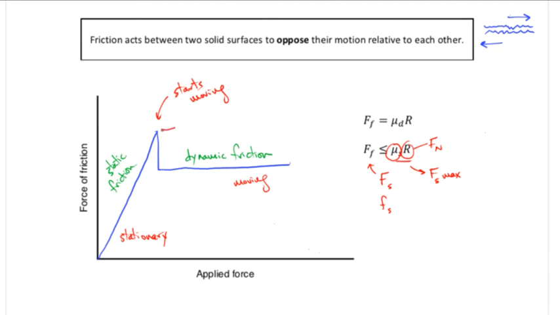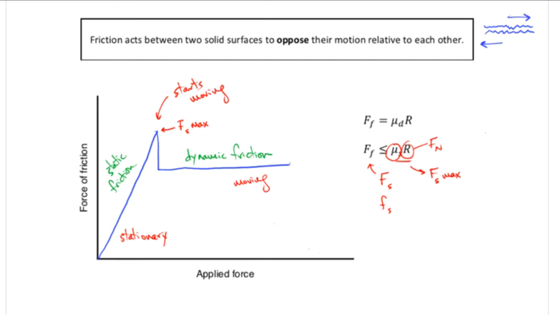So this y value is Fs max, and the force of static friction can take any value up to that. That's why we have a less than or equal to sign. To calculate that value, we would need to be given this coefficient of static friction, and we would have to work out the normal force from the problem.